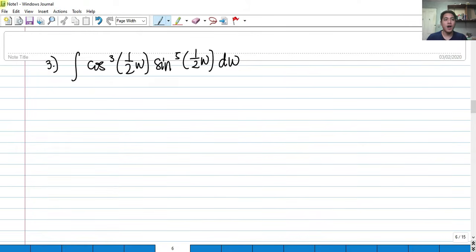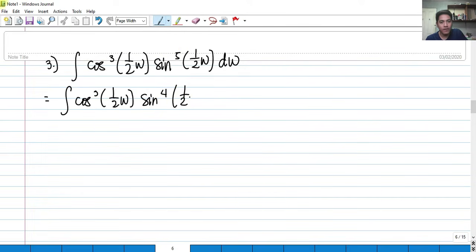That is actually, you will only have an answer that is either a sine or a cosine. That's the difference, but both are acceptable answers. So if I'm going to, let's say, split off one factor of sine here, such that I have cosine cube of 1 half w, and split off one factor of sine, sine raised to 4 of 1 half w, and then we have sine of 1 half w dw.